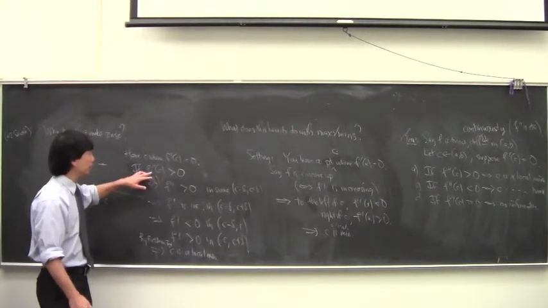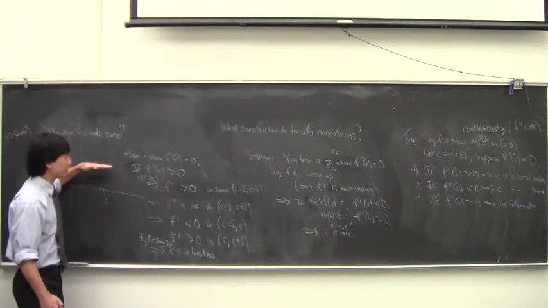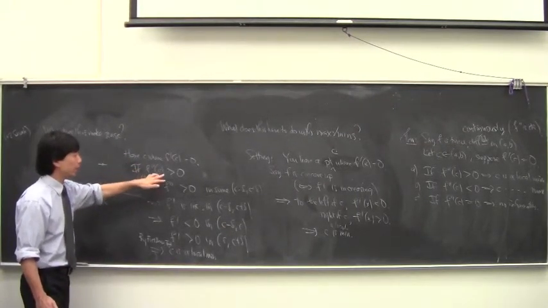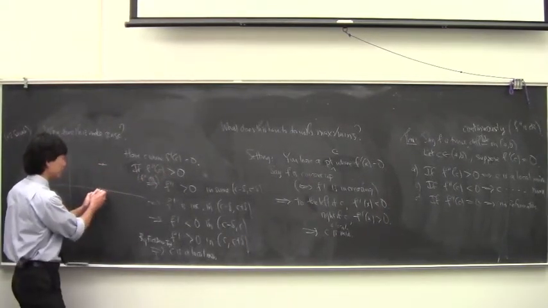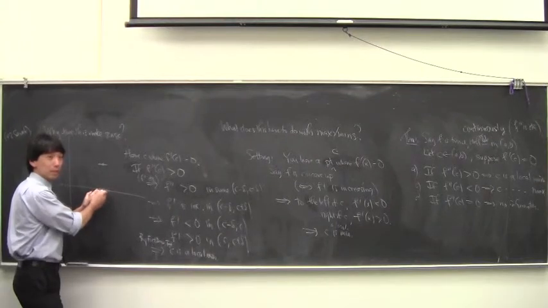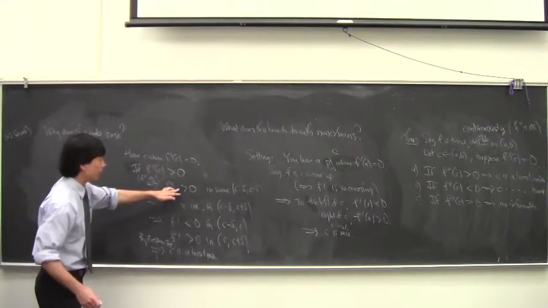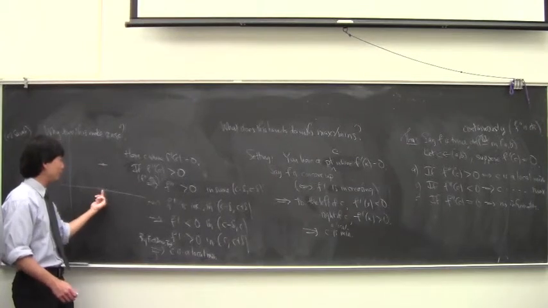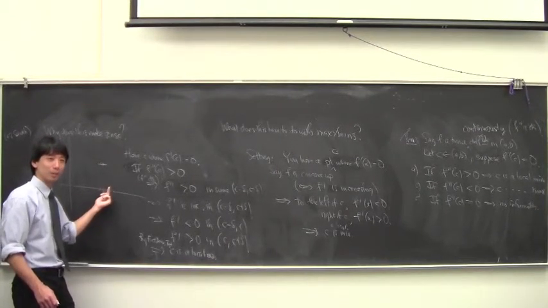Okay. So f prime of c is 0. f double prime of c is bigger than 0, somewhere around in this neighborhood here. Is that okay? Okay. Well then, f prime is increasing in that neighborhood. If f double prime is bigger than 0 here, that means that f prime is increasing.